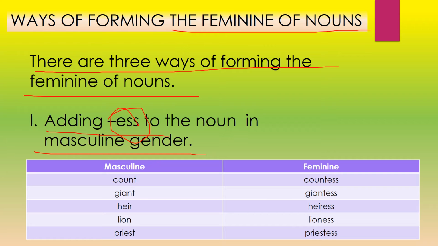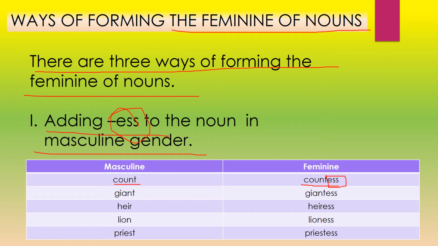Just as the word that we have in masculine gender is count. When you are changing it, the feminine gender of the word count is countess, you are just adding ess. Countess. Next is giant, the masculine gender.